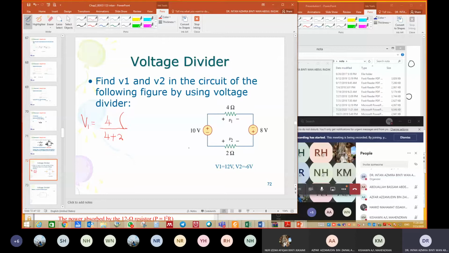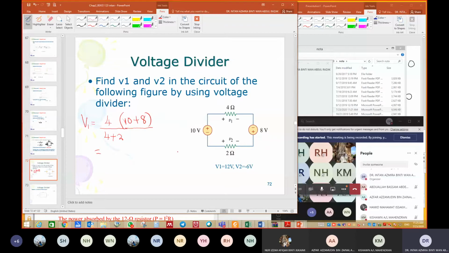It is the summation of 10 and 8. How to add 10 and 8? You have to look at the sign of the voltage sources. Negative, positive, and then negative, positive, meaning that we can just add 10 and 8.